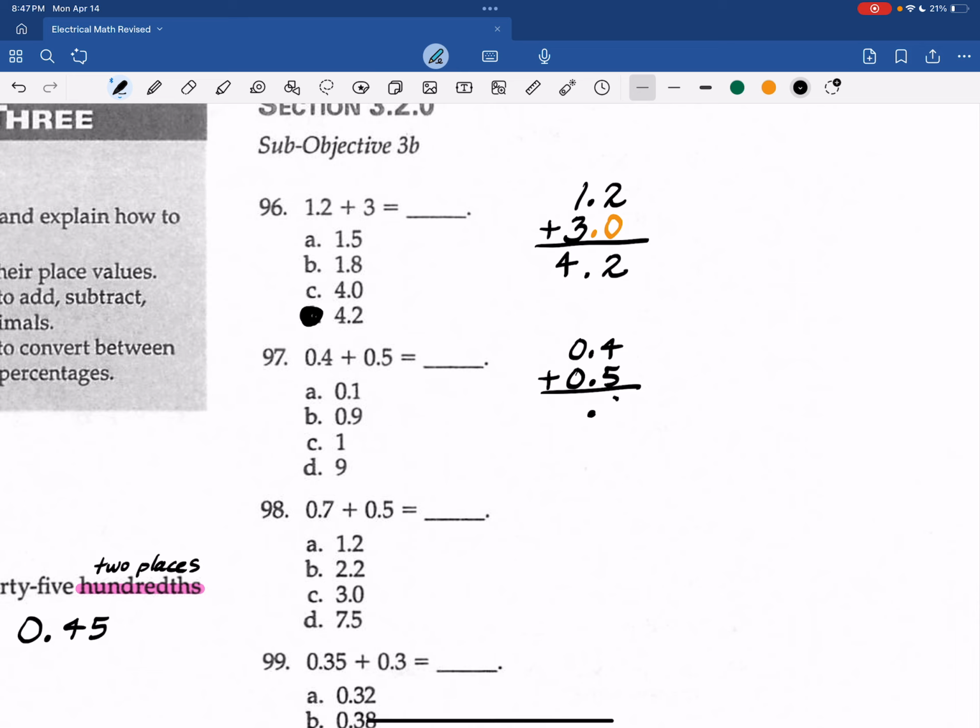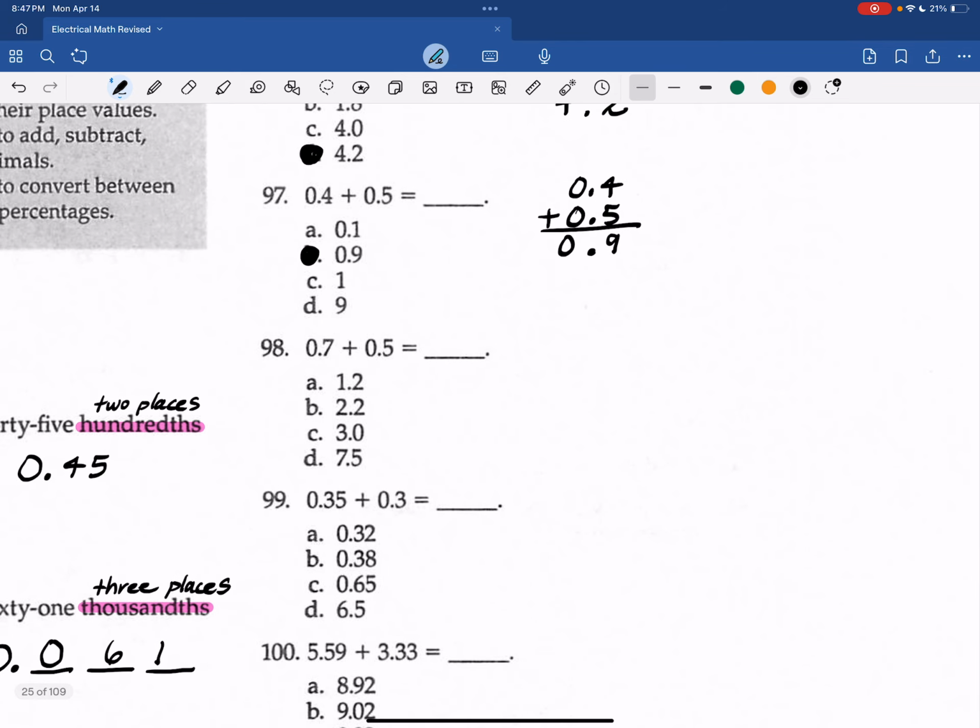It's going to be 0.9 or 9 tenths. 0.7 plus 0.5, we're adding. It's going to be 12, carry 1, 1 2/10.